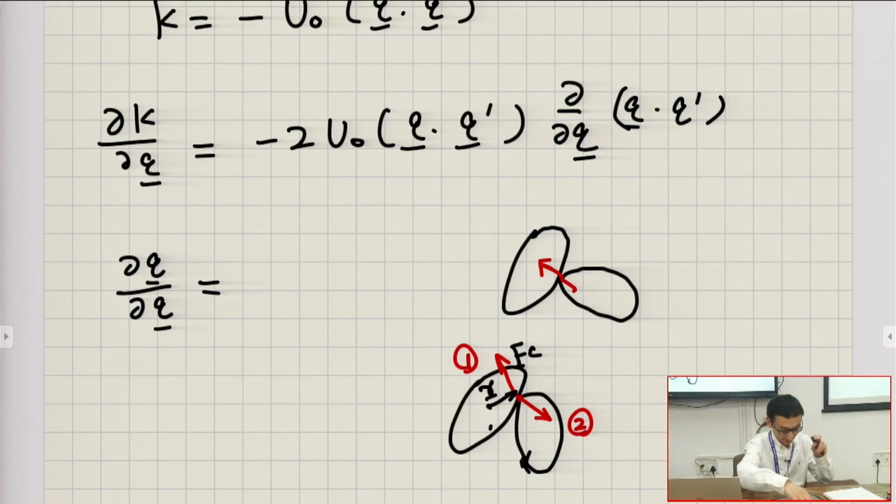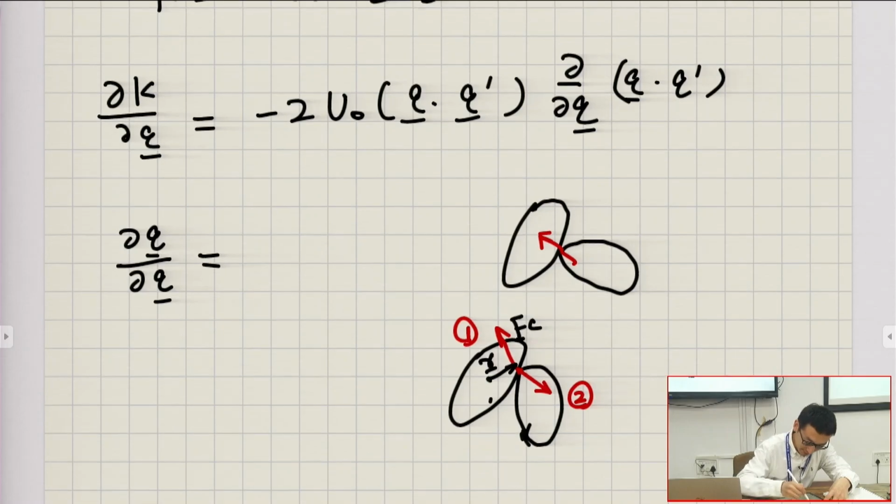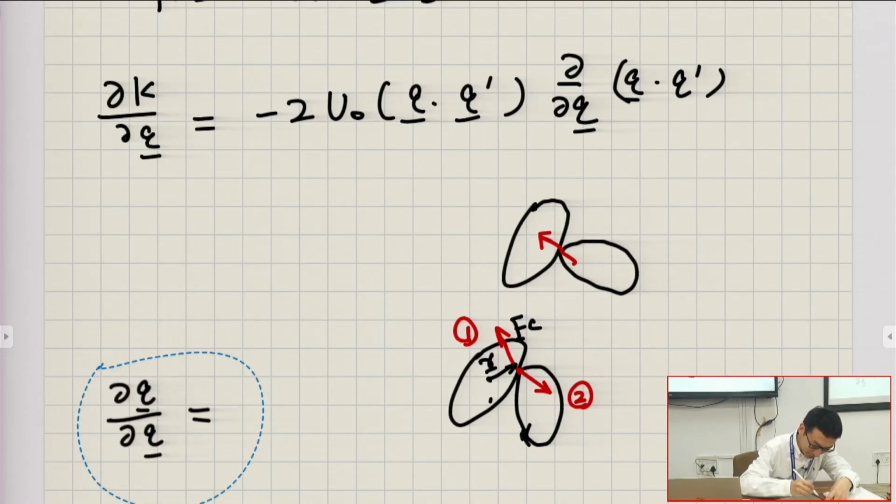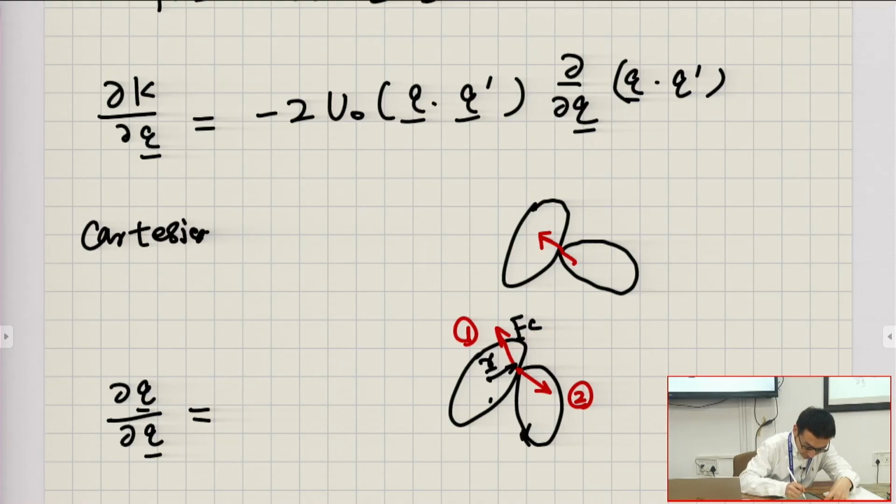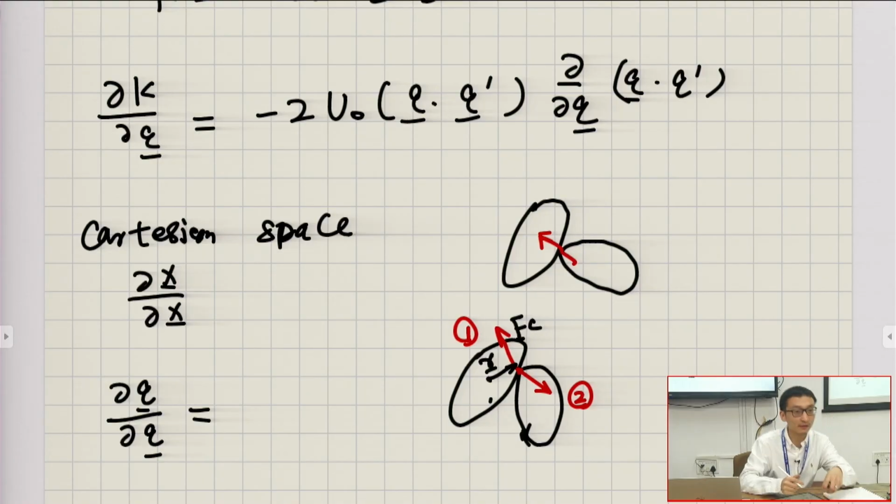Yes, that's good, because I guess you're thinking about the following. If you think about, say, Cartesian space, then you're saying I'm taking the gradient of x with respect to itself. So that is the identity, right?